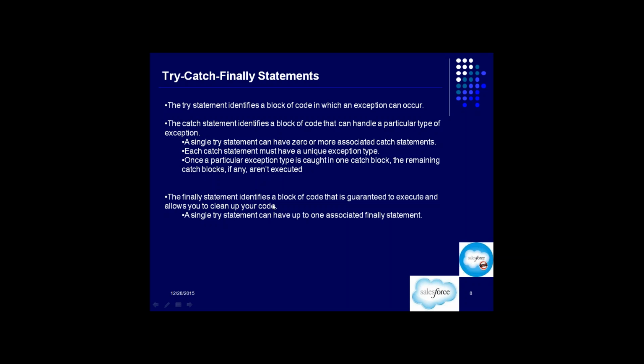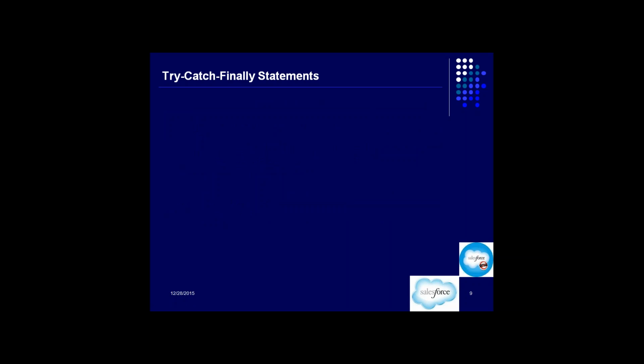The finally statement identifies a block of code that is guaranteed to execute and allows you to clean up your code. It's again optional. You don't have to put a finally statement always. The syntax is pretty simple.